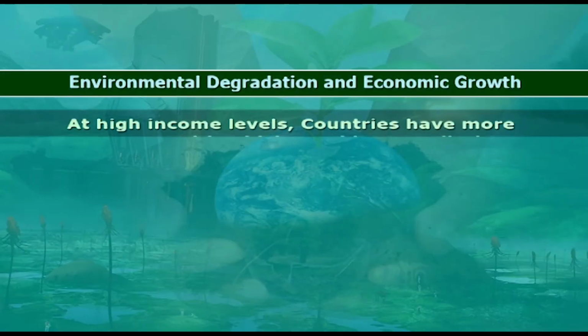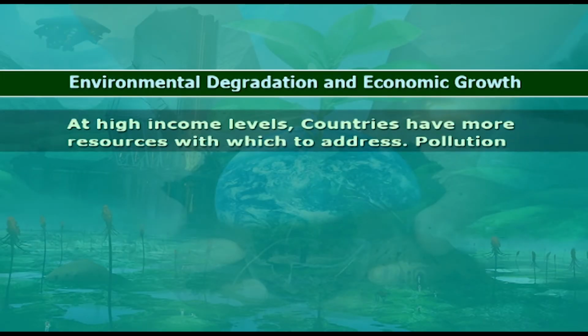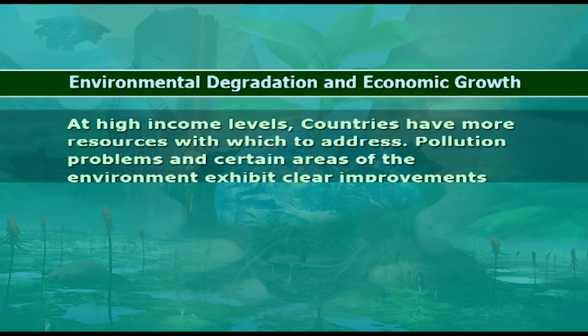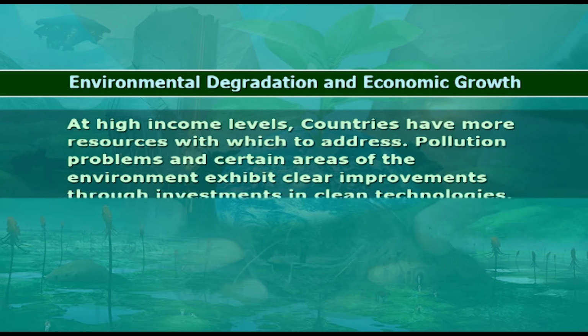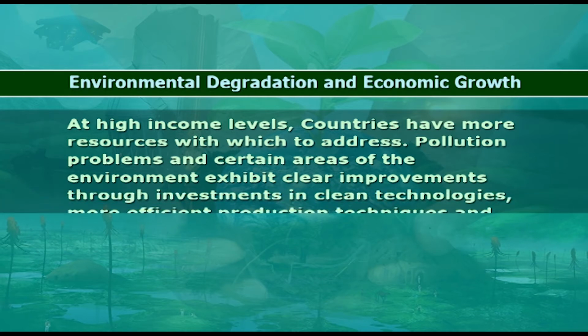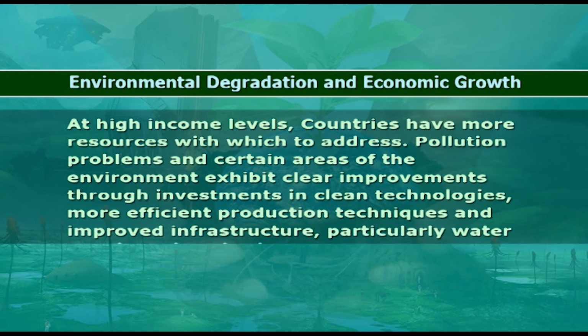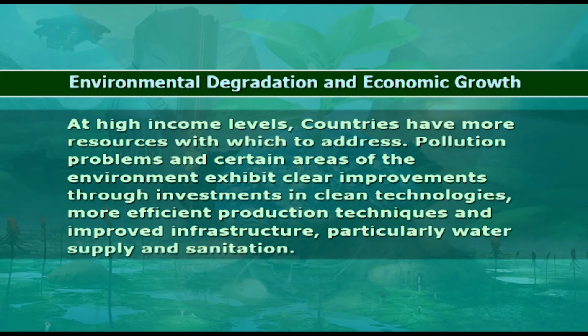At high income levels, countries have more resources with which to address pollution problems, and certain areas of the environment exhibit clear improvements through investments in clean technologies, more efficient production techniques, and improved infrastructure, particularly water supply and sanitation.